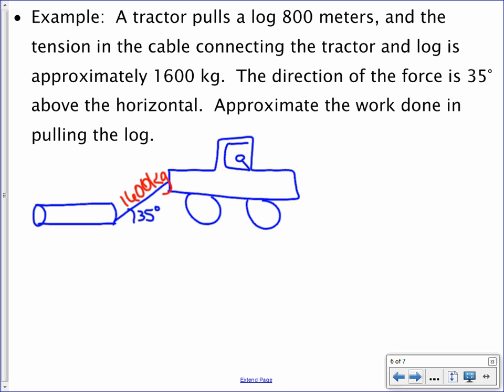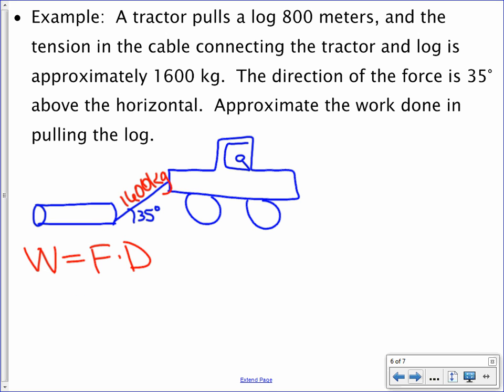Okay, so the work is force times displacement. Now, what is the component of force that matters? The 1,600 kilograms isn't what I want, because our log is not moving along that 35-degree angle. Our log is being pulled horizontally. Since it is moving horizontally 800 meters, we want the horizontal component of force.